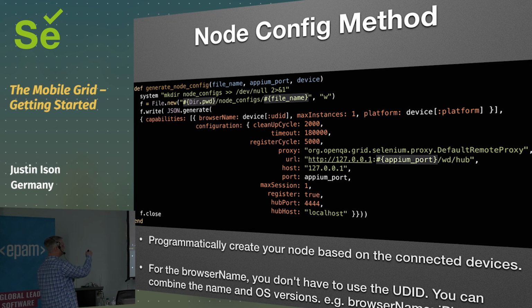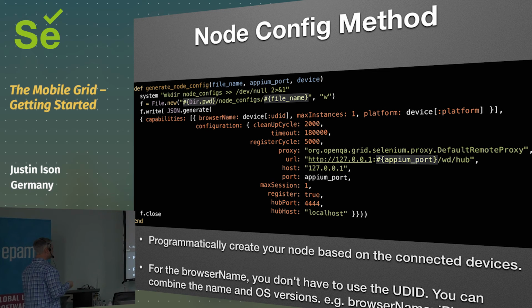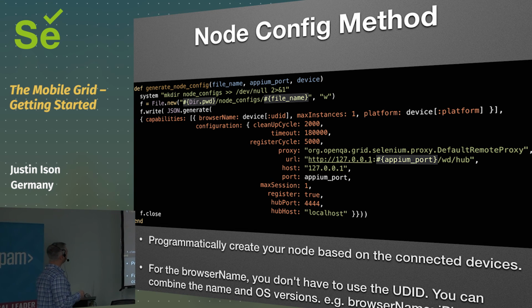Here in this example, I set the browser name to just the UDID, which nobody really knows what their UDID is. But since you have this other information on the next slide, you could set it to iPhone 6 or my iPhone. So when your grid console pops up, you could actually see which phones are running.